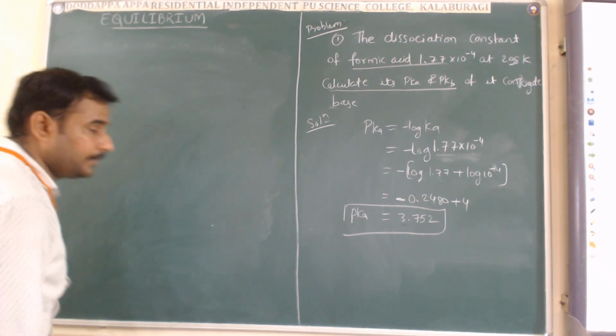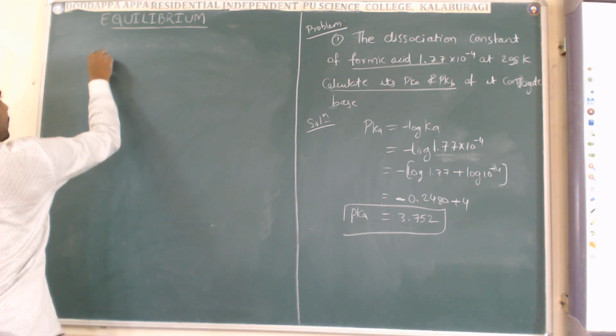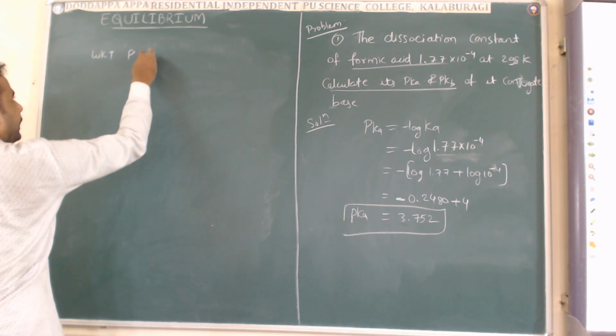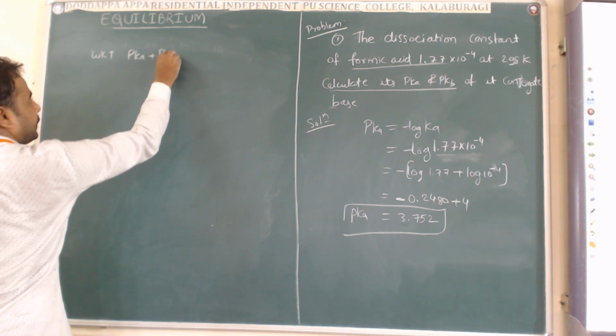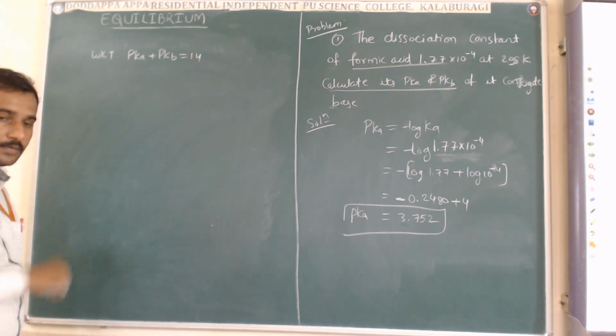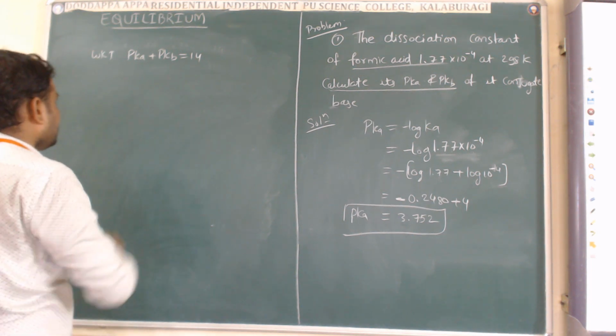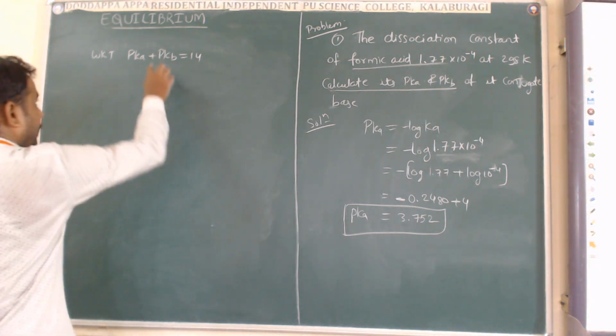We have found out the pKa. Next one is pKb. We know that pKa plus pKb is equal to 14. That relation, that formula I know here, so I will write it here. We have found out the pKa, and that value I have to put here.